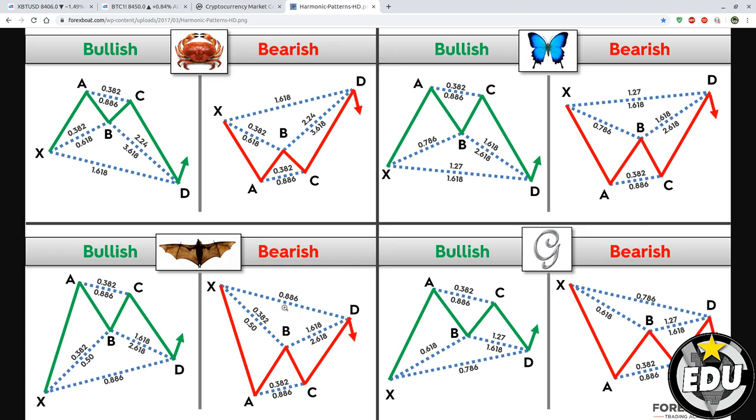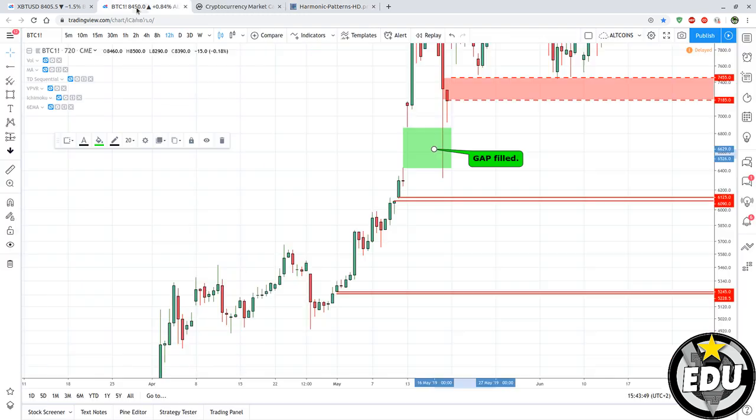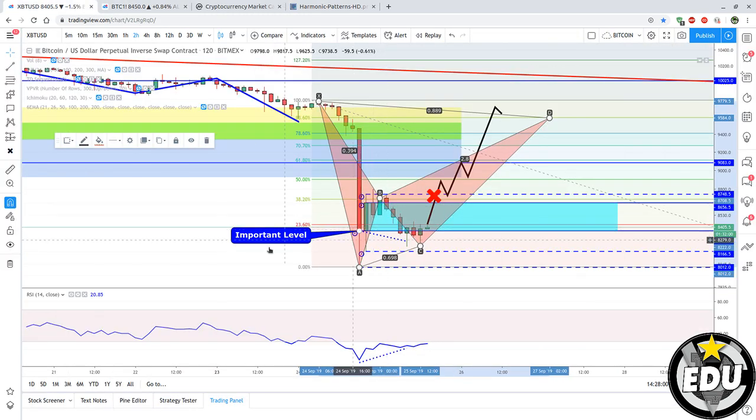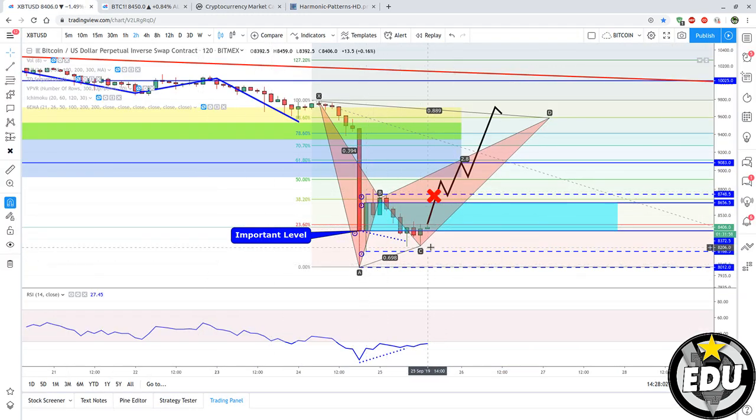Bearish bat, yeah, this is what I trace: 38 and 88. Then the C level is not so important as A and D. This would match with the 9.6.